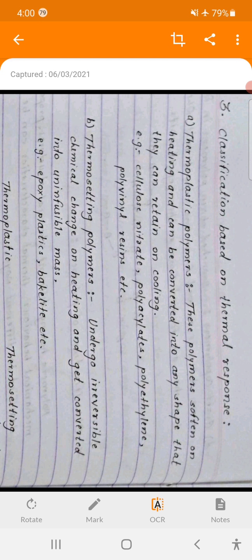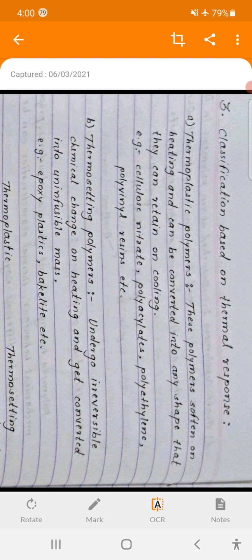Thermoplastic polymers soften on heating and can be converted into any other shape, and they can retain that shape on cooling.